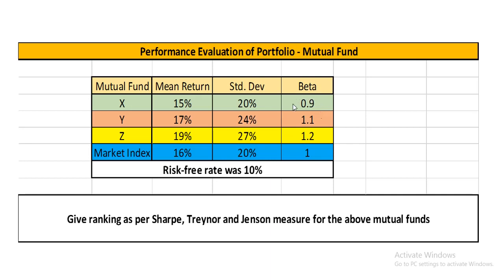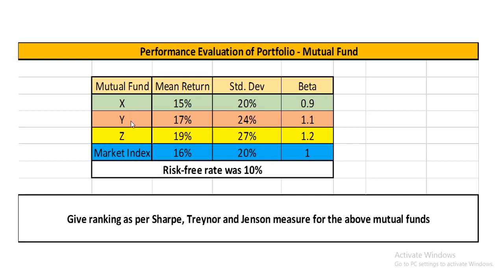So beta is called systematic risk and standard deviation is called unsystematic risk. This can be avoided, it can be reduced with better fund managing ability, but beta we cannot avoid. This is called the market risk of mutual fund X with respect to the stocks they are holding and with respect to market fluctuation.